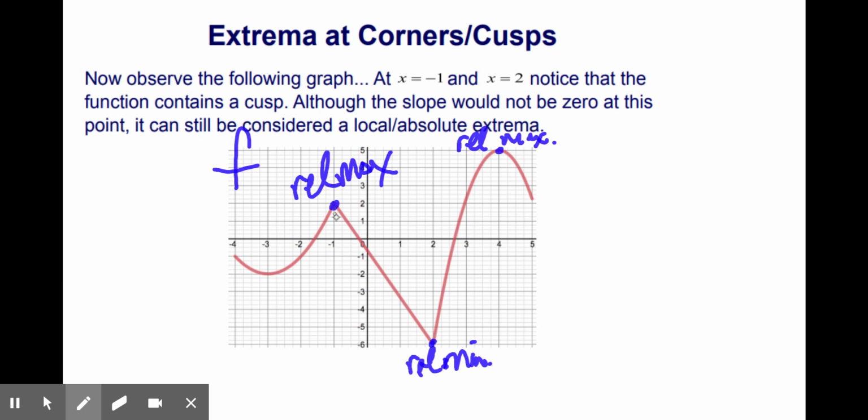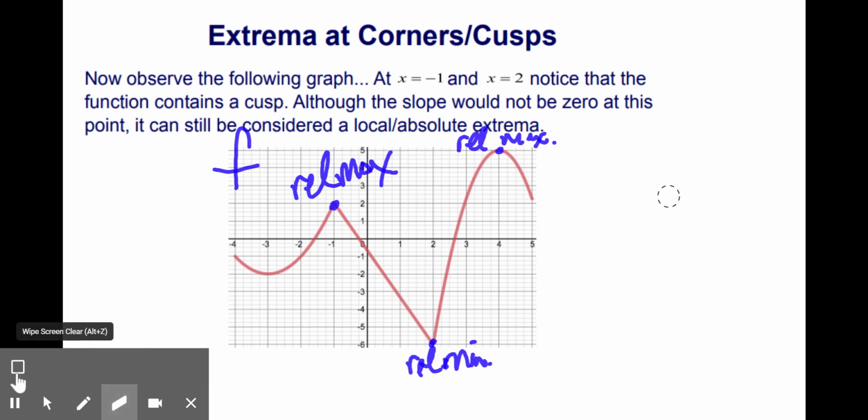Because they're corners or cusps. We know that they're not differentiable, right? Graphs are not differentiable at those points, which means the derivatives will be undefined. So there's something weird going on, but they can still be relative mins and relative maxes on the graph of f, even though there's issues with the derivative.